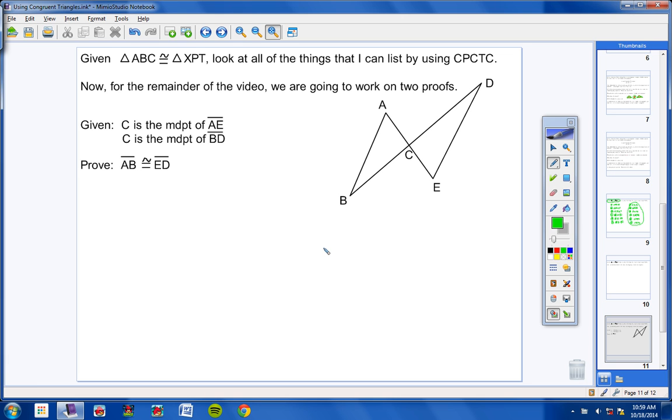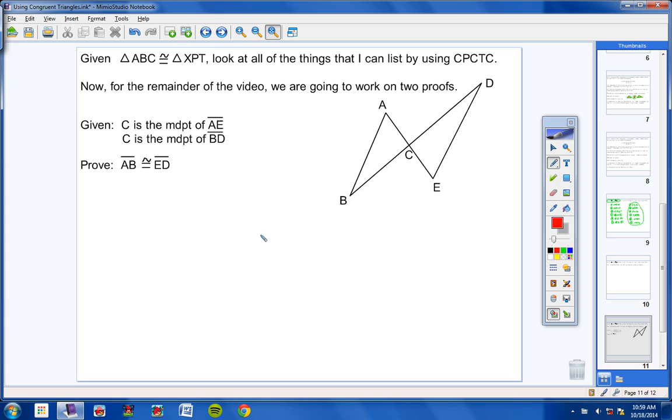Give you guys a couple more seconds to copy this down. Copy down this figure, copy down your given, and then copy down your proof part. Okay, here we go. Now, if you're still copying stuff down, that's fine. You can listen while you're copying it down.